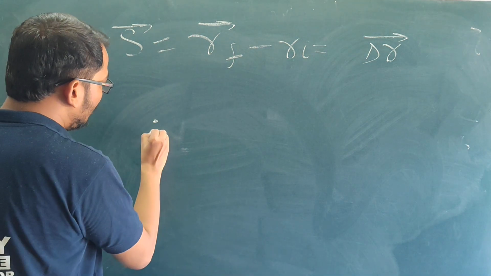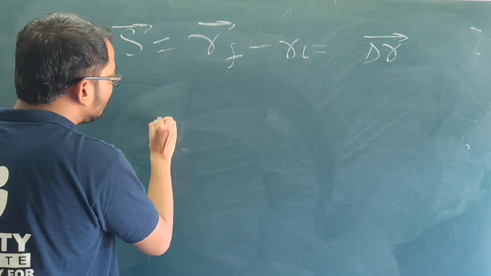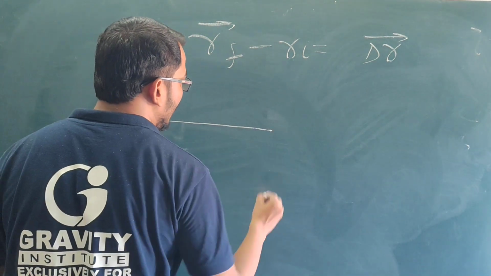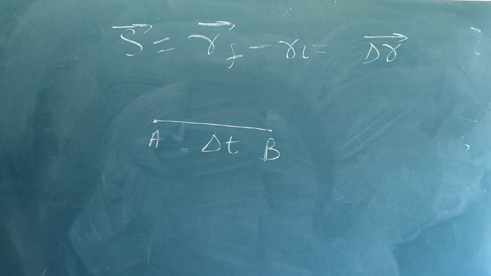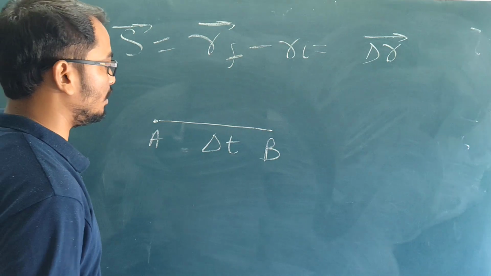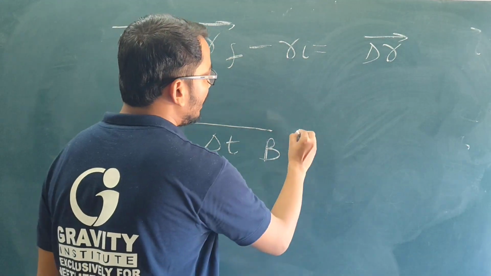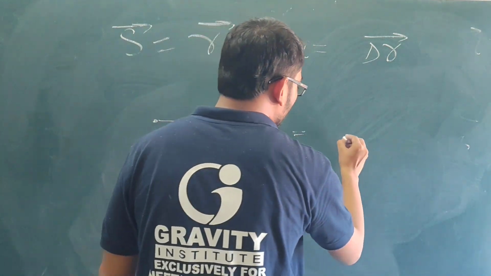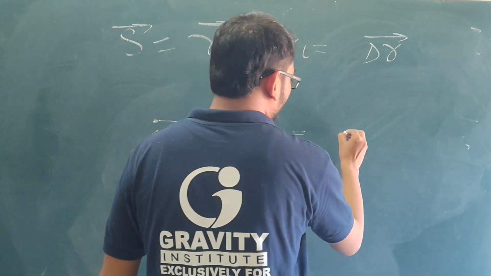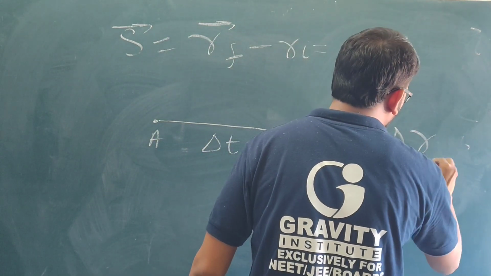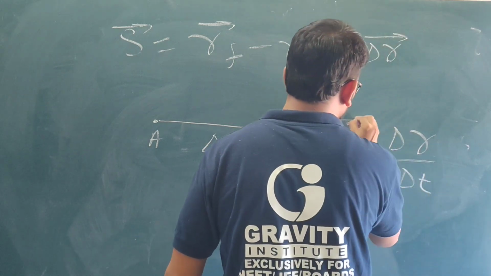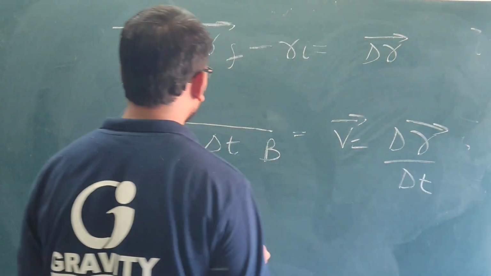Suppose the particle is at A. After some time, the particle is at B, after suppose delta time. So what will be the velocity of the particle? Velocity of the particle will come out to be V equal to delta R by delta T. What does it mean?